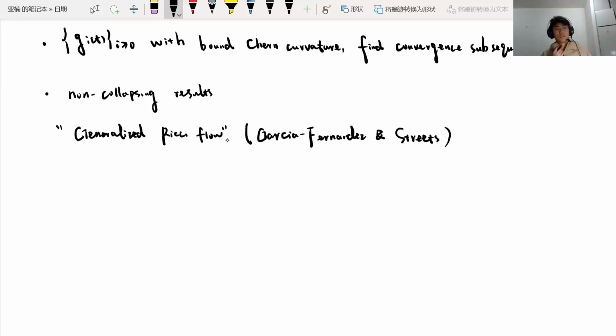For generalized Ricci flow, one reason that we do not know if it is non-collapsing is that the entropy is not monotonic in the general case.